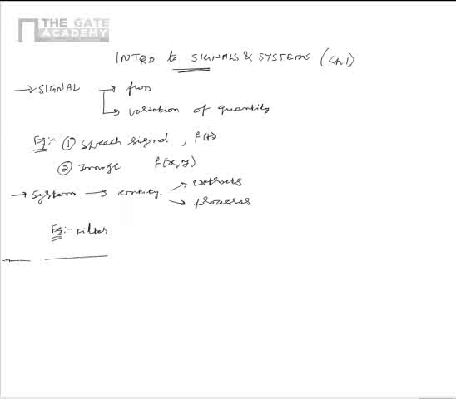Given the idea about the basic definitions of signals and systems, now we will look into the classification of the signals. Based on the quantity under consideration, we can classify signals in different ways. The first classification we will be looking into is continuous time versus discrete time signals.